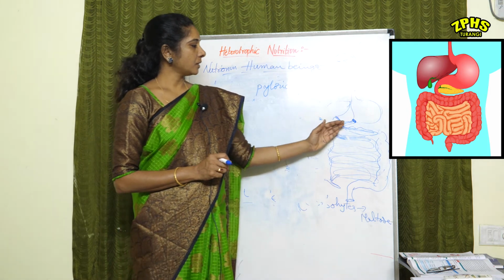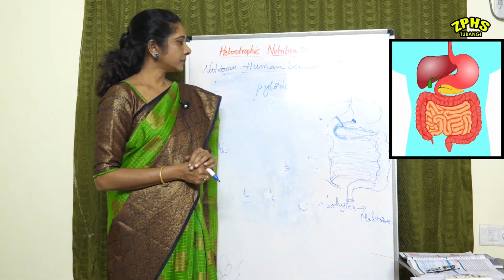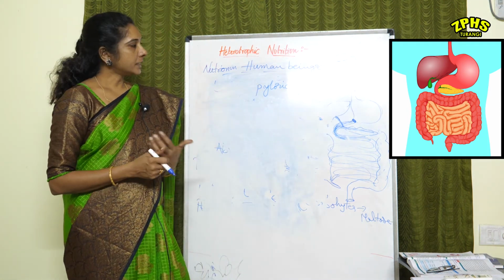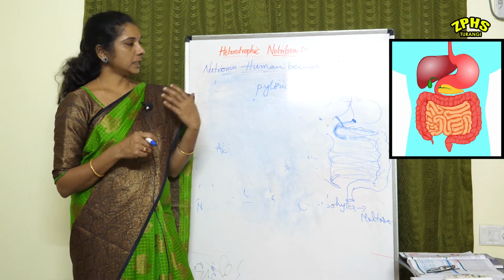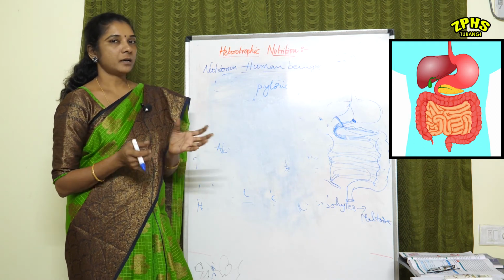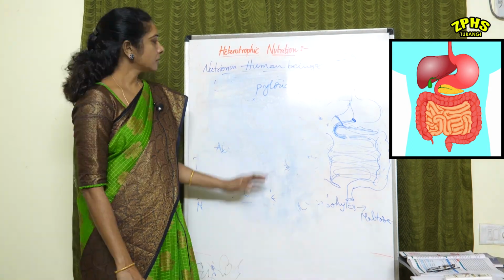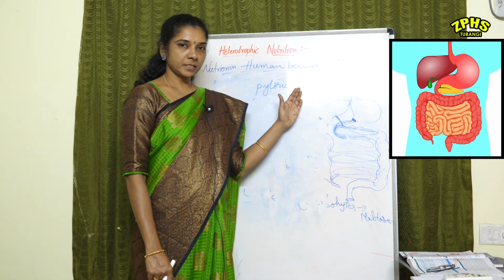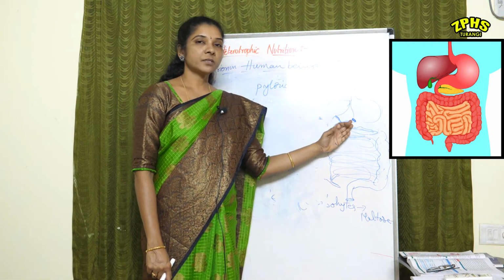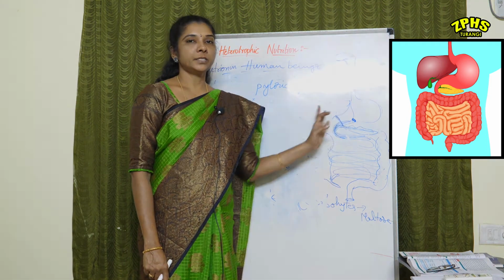So the food is stopped. Like that, the pyloric sphincter works involuntarily. When needed, it opens, sends the food into the small intestine and then closes. That is the function of the pyloric sphincter, which is present at the junction of the stomach and duodenum.